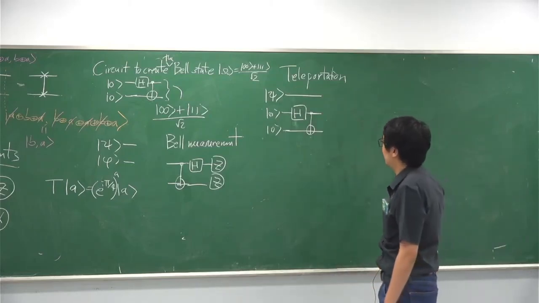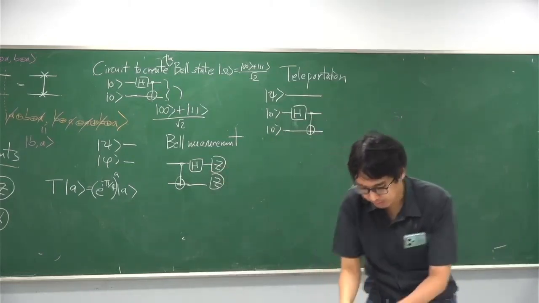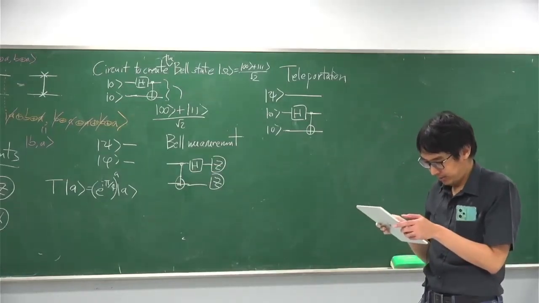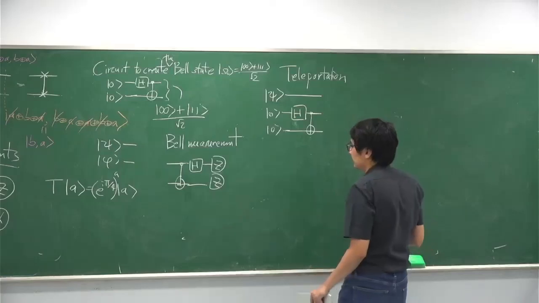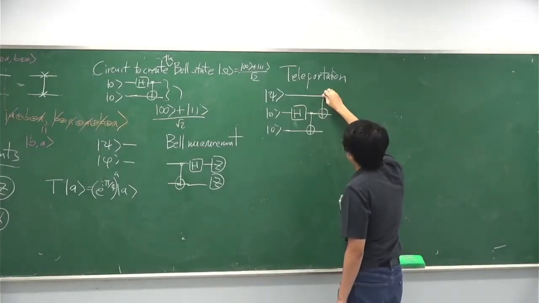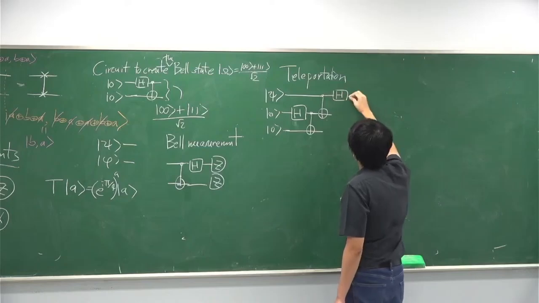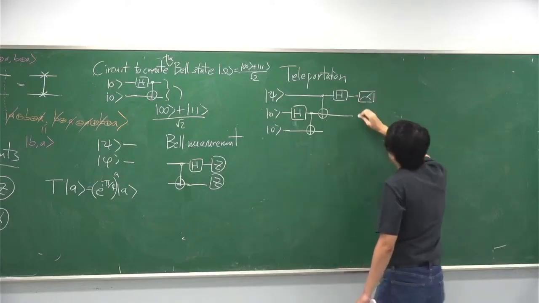Then I just make the Bell measurement here. Yeah, actually, there's probably many ways to write this. I make the Bell measurement here. Well, I can just use the Bell basis measurement.